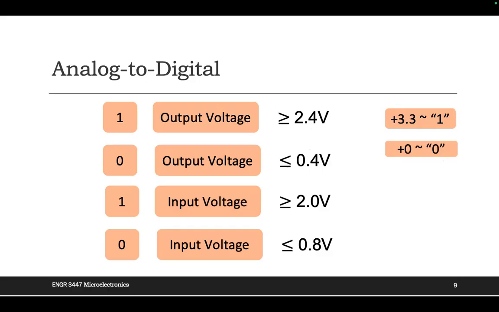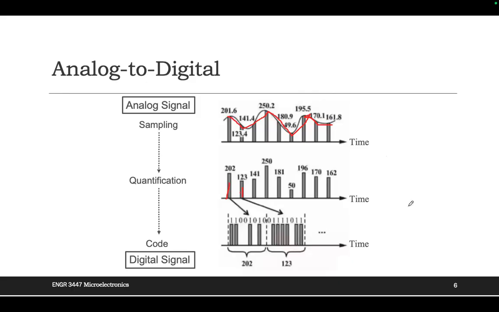Which means the microcontroller only reads high or low. Am I right? 3.3 or 0. But you can see our sensors can sense the temperature, the pressure, and many things. Am I right? But these things have specific values.